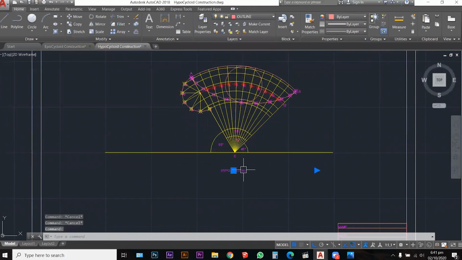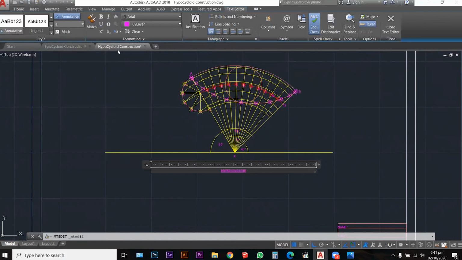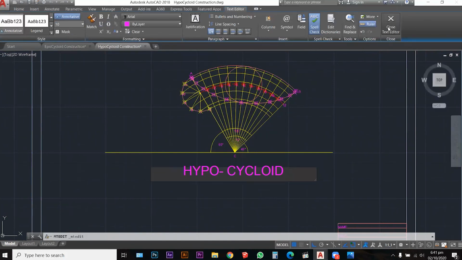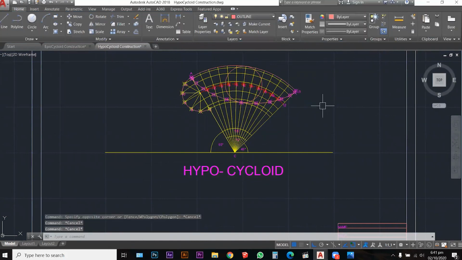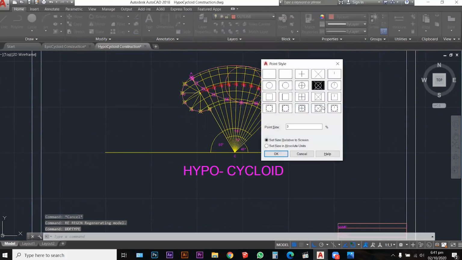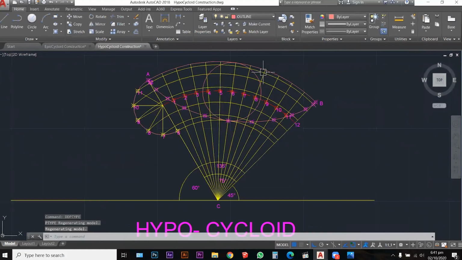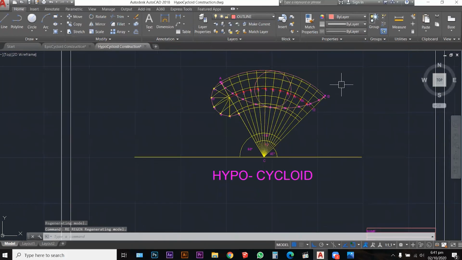Good. I think it's a bit small there, so I'm going to increase the size. Let's say 10. Whoa, good. That's nice and big. I'm going to turn off my point style. So that's a finished demonstration there.